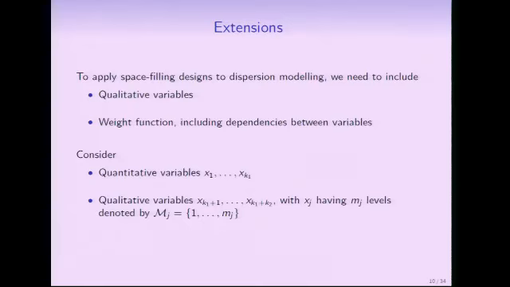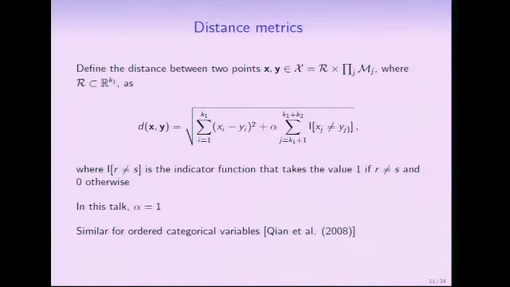So to set this up, let's say we have K1 quantitative variables and K2 qualitative variables, with the jth qualitative variable having mj levels. And then we can define our distance metric between 2 points in our design space as essentially a weighted sum between the Euclidean distance in the quantitative variables and a 0, 1 distance in the qualitative variables.